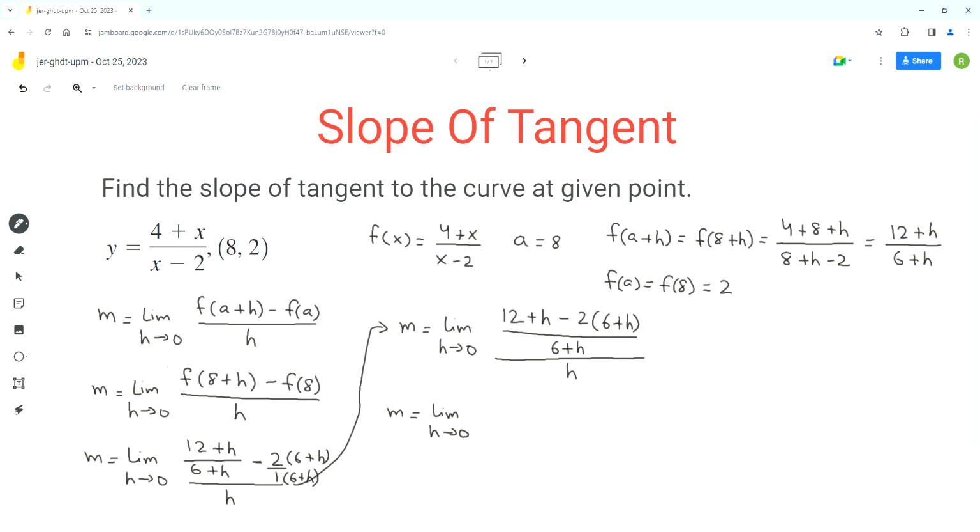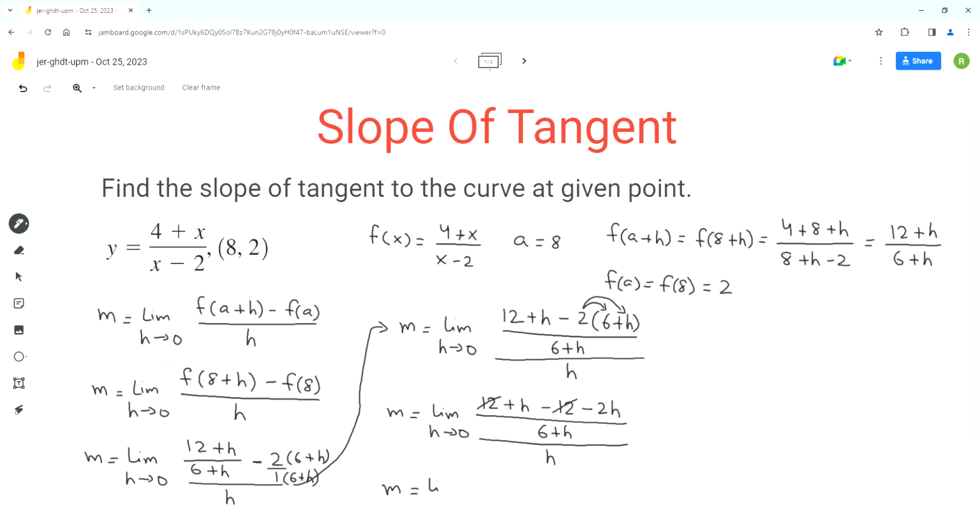For that we'll have to distribute the 2 into the parentheses. So we get (12 plus h minus 12 minus 2h) over (6 plus h), all over h. And now we can combine like terms in the numerator. So the 12s cancel each other out, and h minus 2h is equal to just negative h.